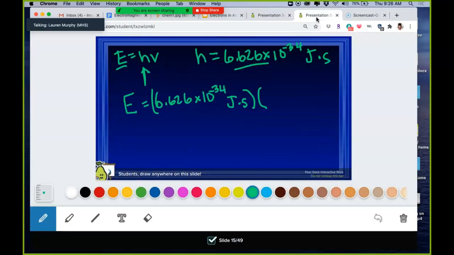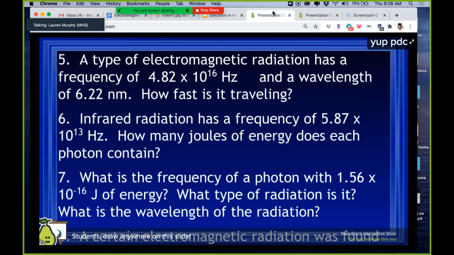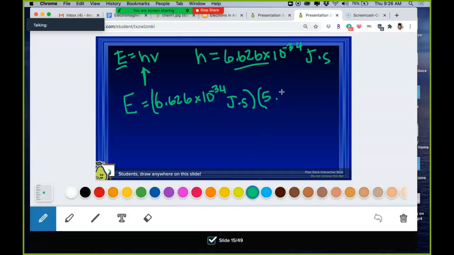For the sake of units, I'm not going to write hertz. I'm going to write it as 1 over seconds, and the reason is then I'll be able to see how my seconds cancel out, and I'm left with joules, which is a unit for energy. So you just multiply these two numbers. 6.626, you hit your EE button, negative 34, times 5.87, you hit your EE button, 13.